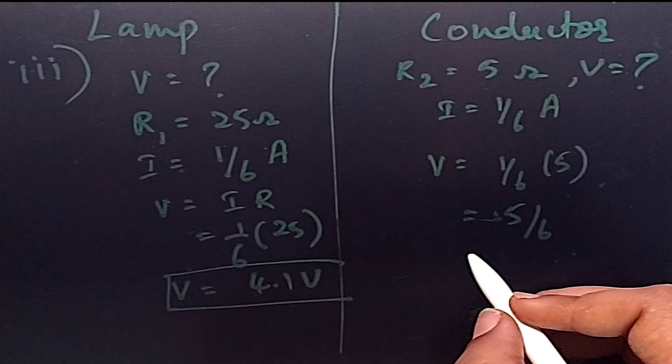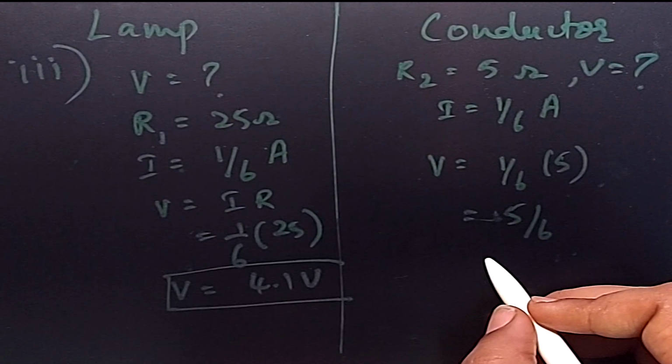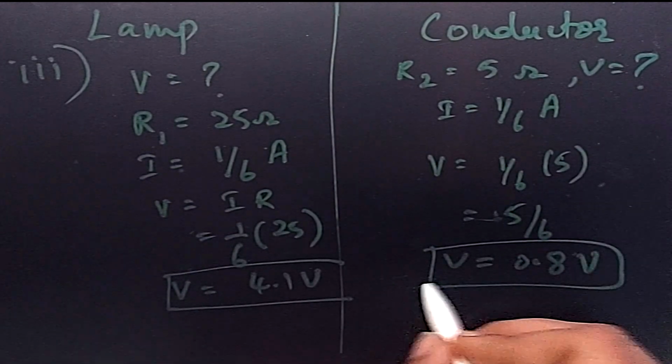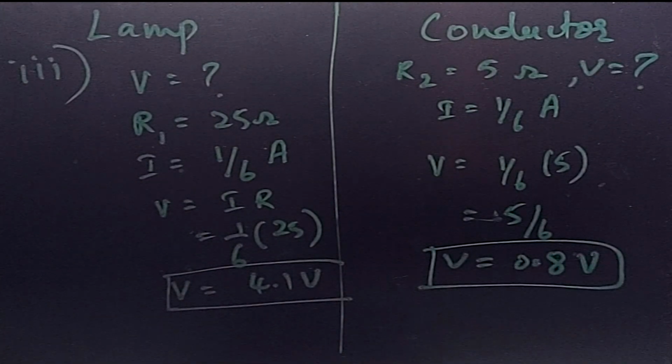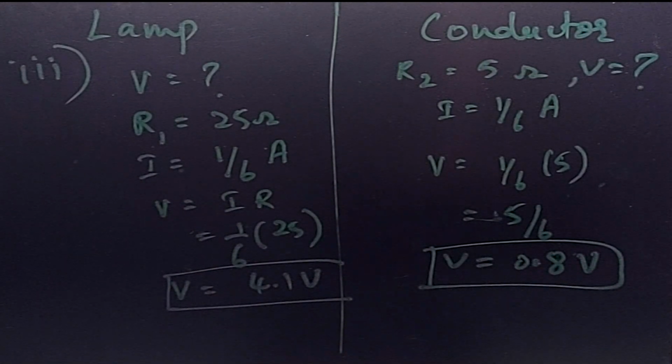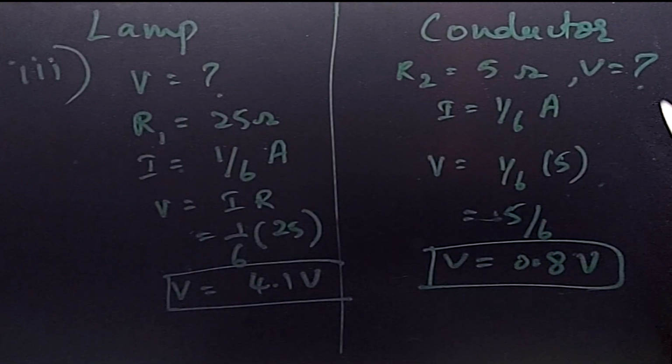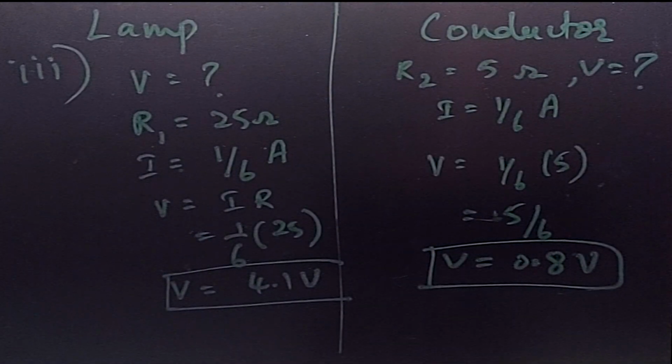The decimal value for 5 by 6 is 0.8 volt. After the decimal point, 1 or 2 digit value is enough. So this is the voltage across the lamp and this is the voltage across the conductor.